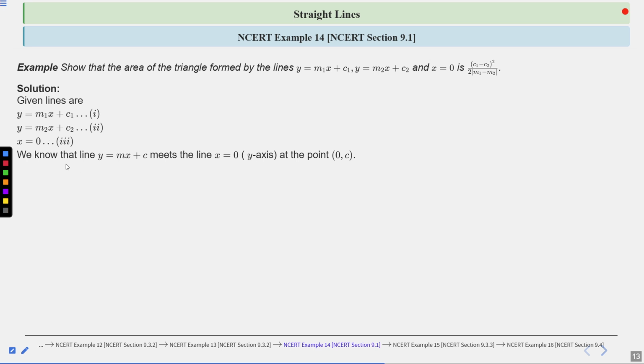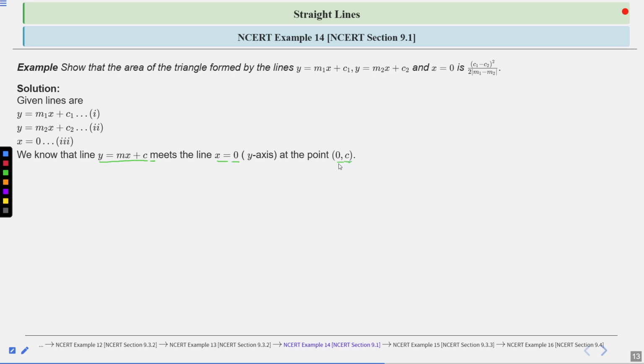So we know that y equal to mx plus c meets the line x equal to 0. Okay, x equal to 0 is basically the equation of the y axis. So the equation of the y axis is basically x equal to 0. So the line y equal to mx plus c meets the line x equal to 0 at the point (0, c).